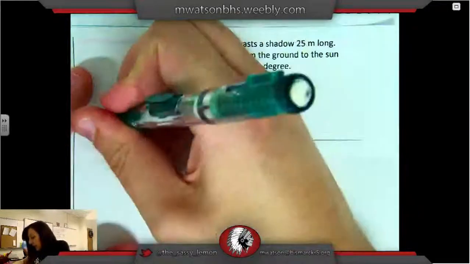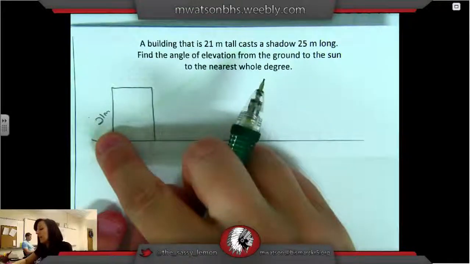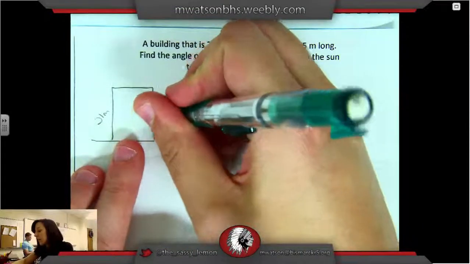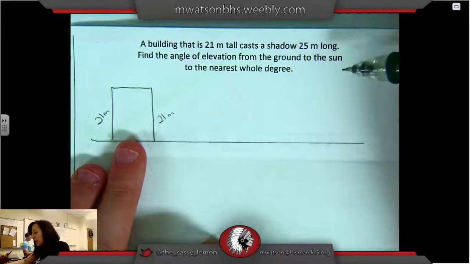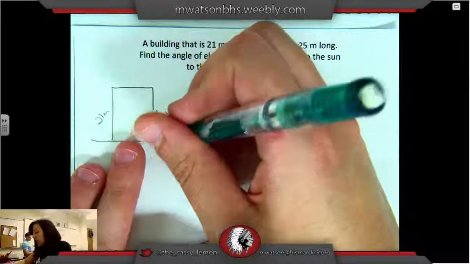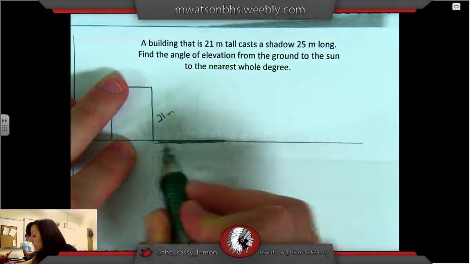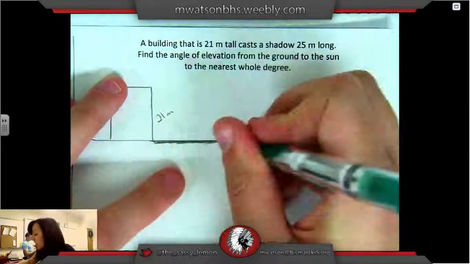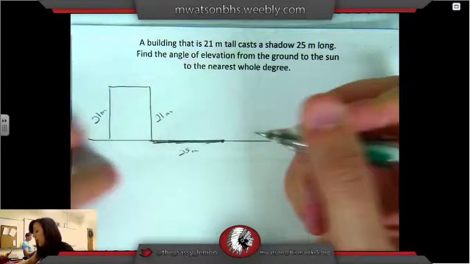And it's 21 meters tall, so I'm going to write that over here. And realize that this side's 21 meters tall, so is this side. And it casts a shadow that's 25 meters long. So let's say that the shadow goes to like here, and that's 25 meters long.